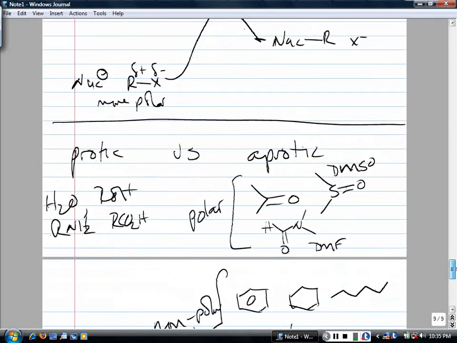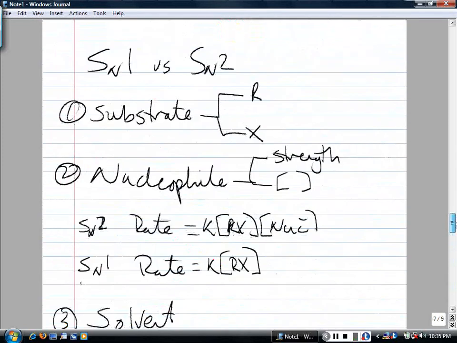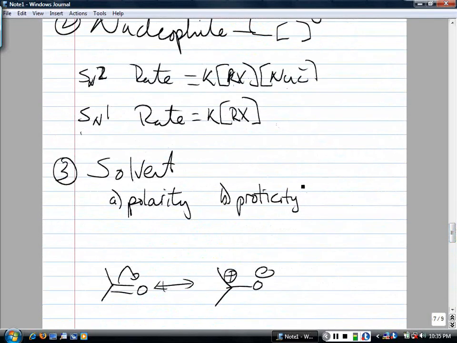So what this means is, as far as proticity goes, protic solvents discourage SN2, which therefore means they will encourage SN1. And if I take that back, they discourage SN2, and by default SN1 is the default reaction. It doesn't encourage SN1, it just discourages SN2.